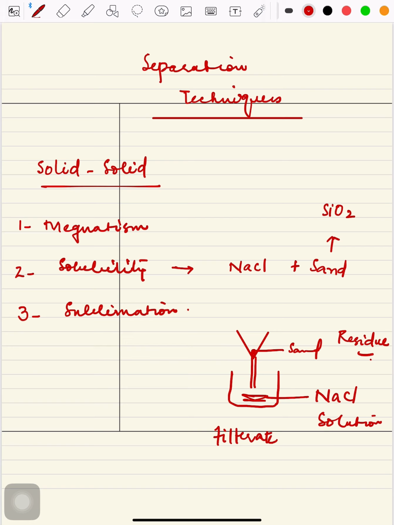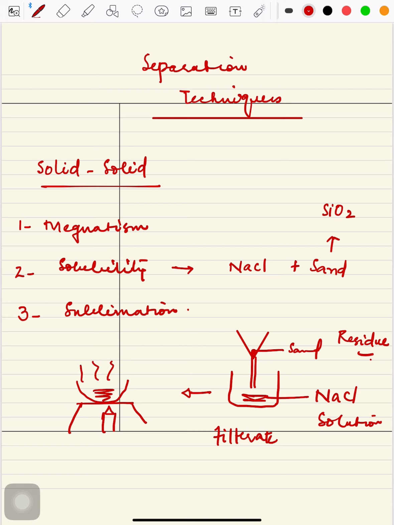This is the container called a beaker. We are now going to shift this solution into another container called a china dish. That china dish is placed on top of a tripod stand, whereas this is called a bunsen burner, which is used to supply heat. This is the solution through which sodium chloride will be obtained.